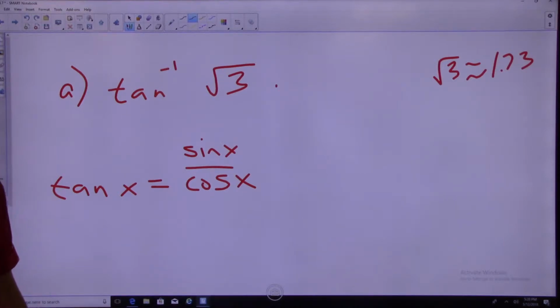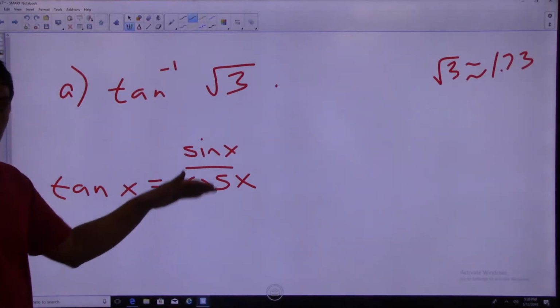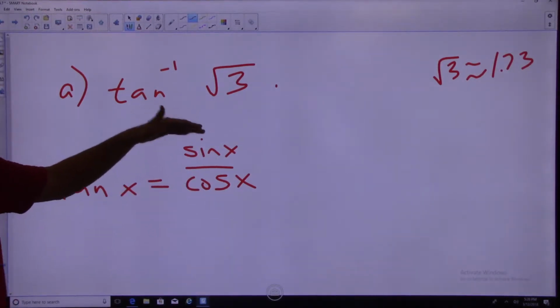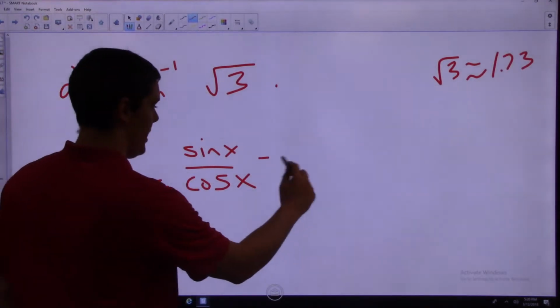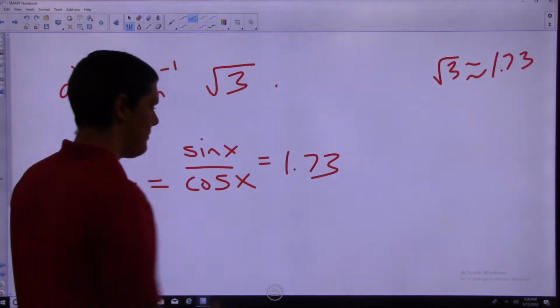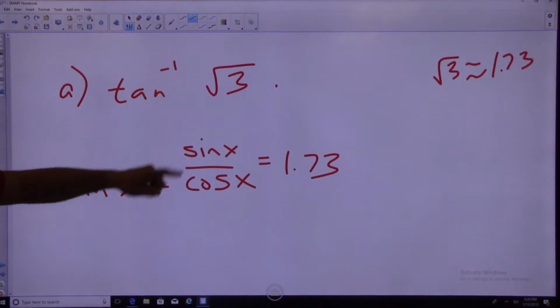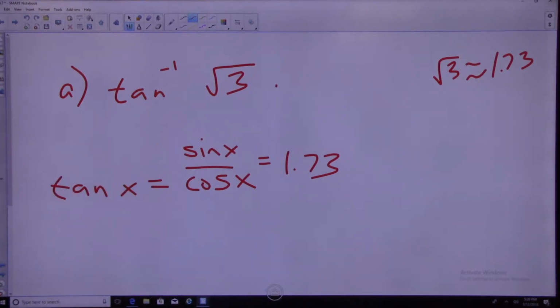Which one's going to be bigger, sine or cosine? And the answer is sine.